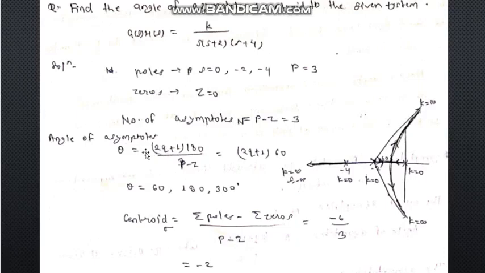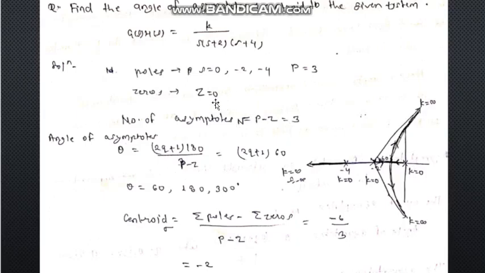Step by step you have to go. Then you have to plot the root locus on the real axis. There is a root locus branch between s equal to 0 and s equal to -2, and s equal to -4 to infinity. Two branches we have already found, but the third branch is unknown.